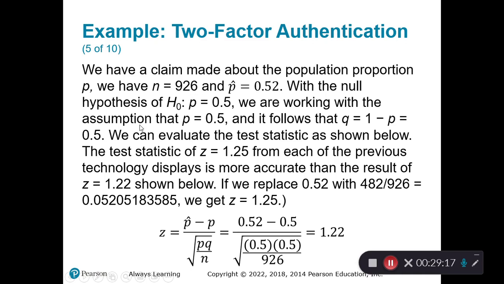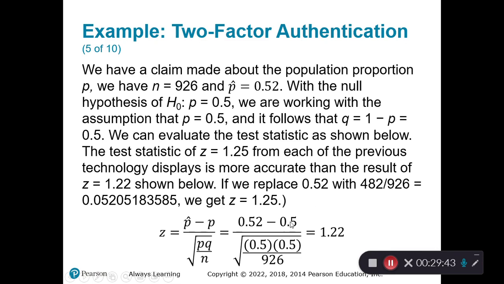Now, our null hypothesis, we talked about this earlier, is that the proportion is exactly half, exactly 0.5. The alternative is that it is greater than 0.5. So we're going to use this p in calculating our test statistic, and we're going to be using q, which is 1 minus p, to calculate the test statistic as well.